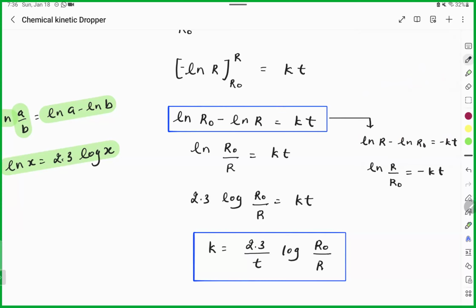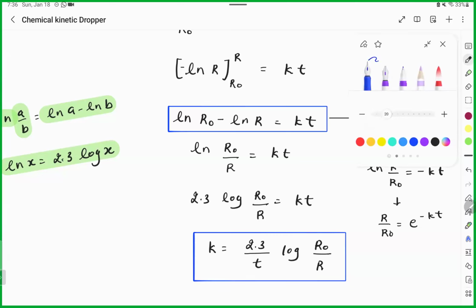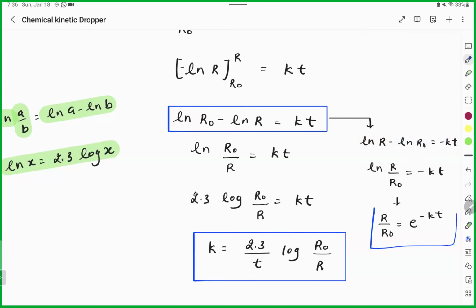If you take antilog to eliminate this log, take antilog on both sides. Can you say R divided by R naught will be equal to e raised to power this? You are taking antilog on both sides. I wanted to give you an idea about this equation. If you take antilog of any number, then it will become e raised to power.